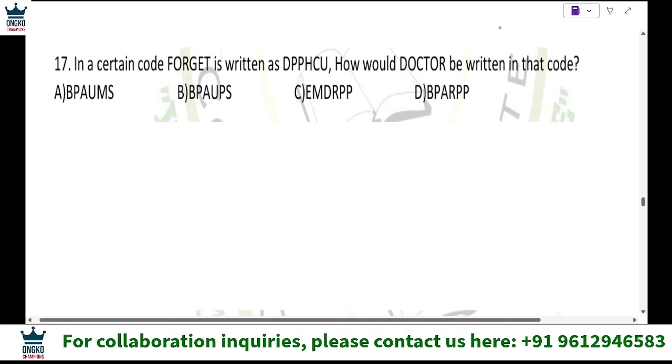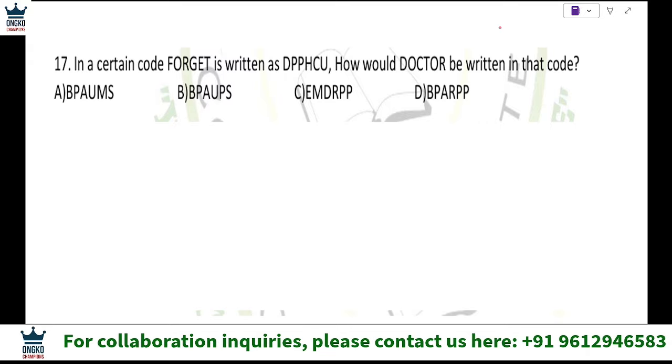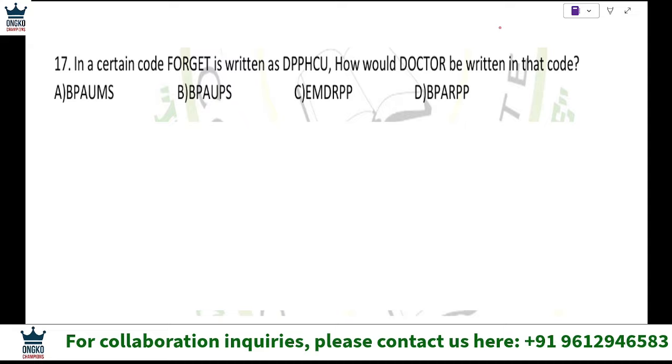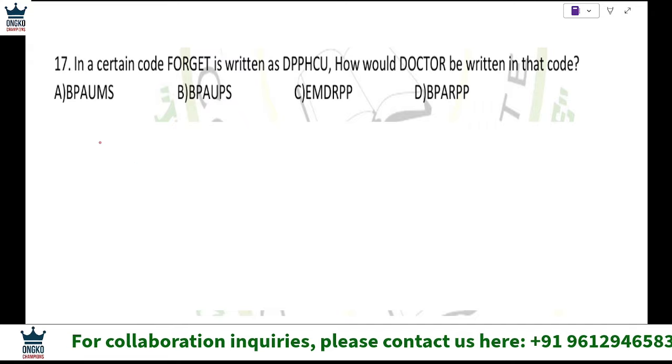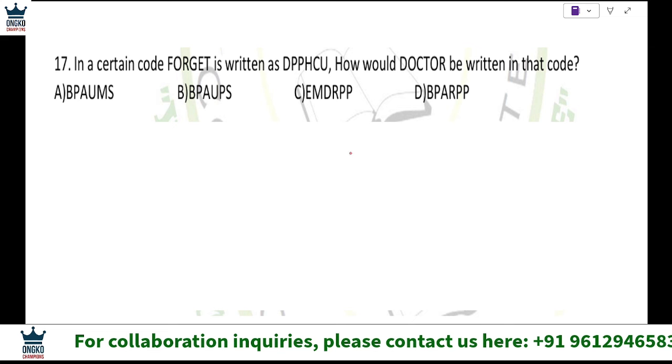So this is coding and decoding. We need to write the alphabet first.